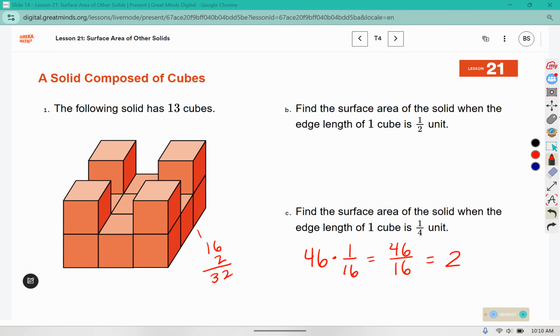That gives us 32. So then the difference between 46 and 32, that's 14. So 2 and 14/16. I can simplify that by reducing it by a factor of 2. 2 fits into 14 7 times, and 2 fits into 16 8 times. So 2 and 7/8 units squared.